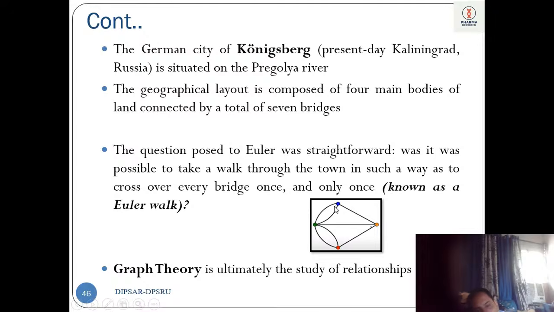This is known as a Euler walk. So is it possible? All the residents in the city knew that it's not possible, but they didn't have any evidence for it. So Euler, with the help of graphs, provided the evidence for it, and that is the origin of graph theory. Got it?